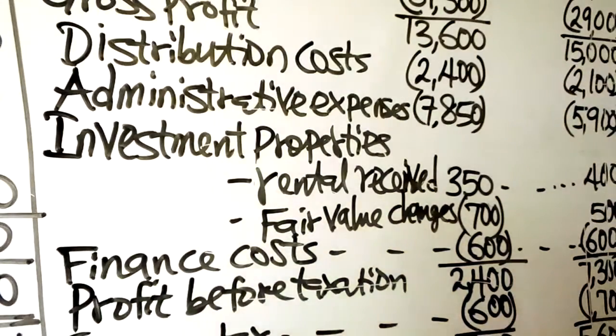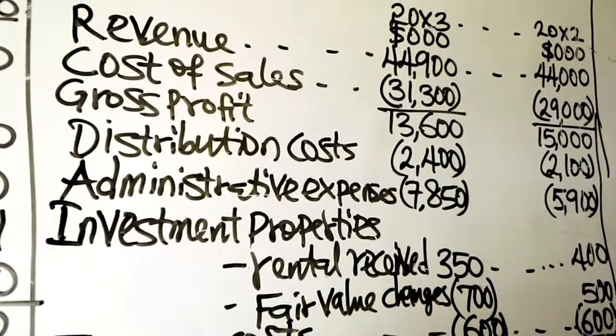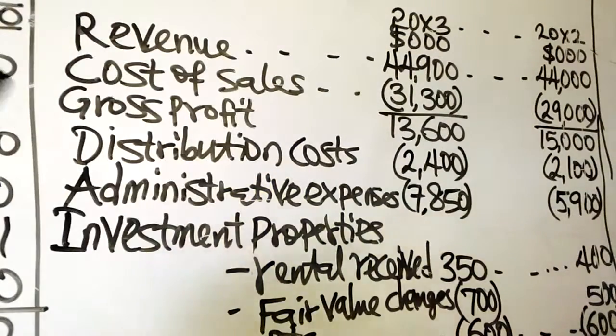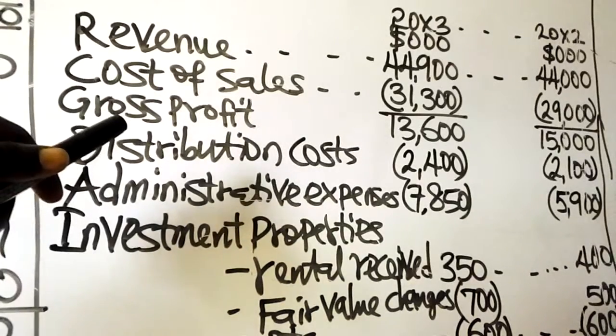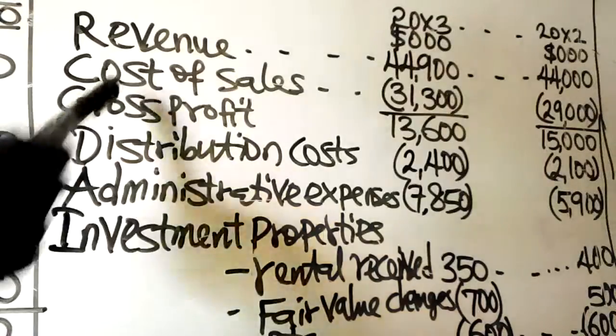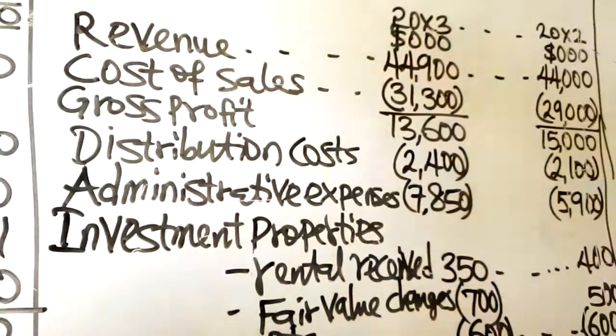That means you go through your statement of profit or loss from the beginning. There will be a number of items that will appear in the statement of profit or loss that will not fall under operating activities. Now let's check. Revenue is normal, cost of sales is normal, distribution cost is normal, administrative expenses is normal. Then we have investment properties.